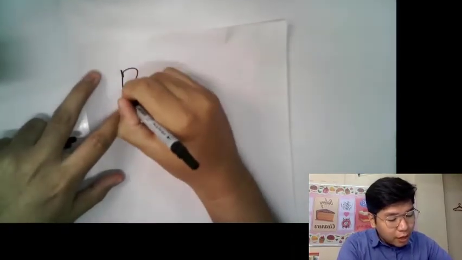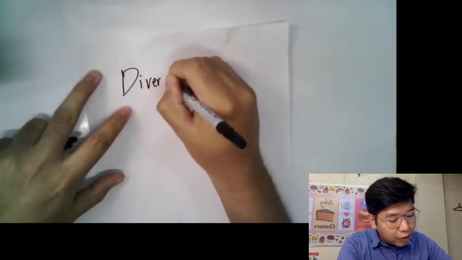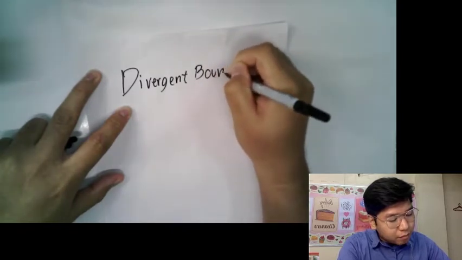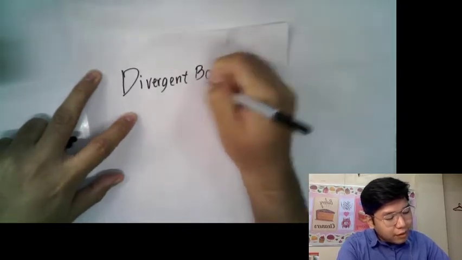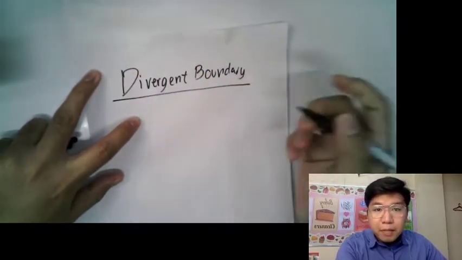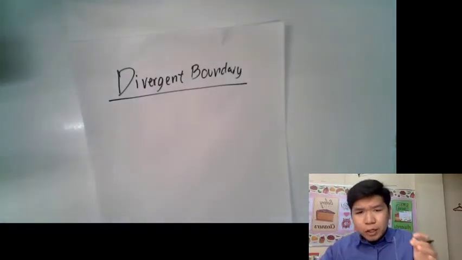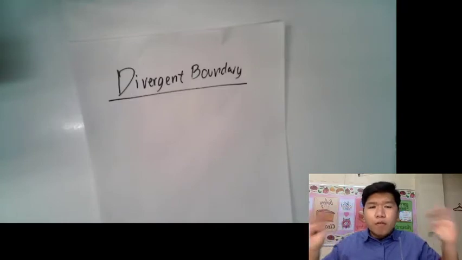Now, in this video, we're going to be discussing another boundary, which is also known as the divergent boundary. This boundary is where two tectonic plates move away from each other.